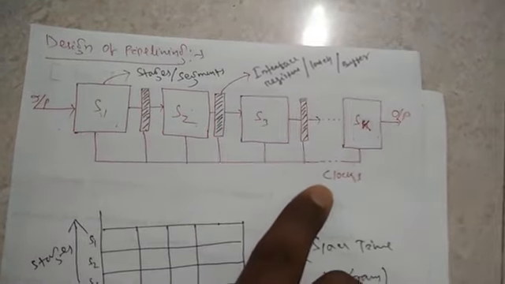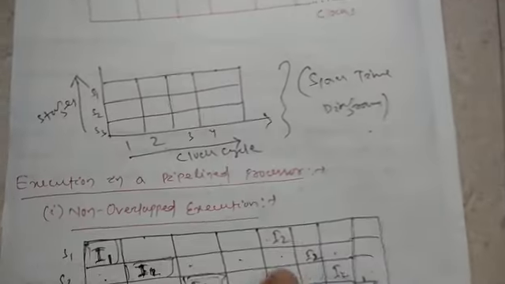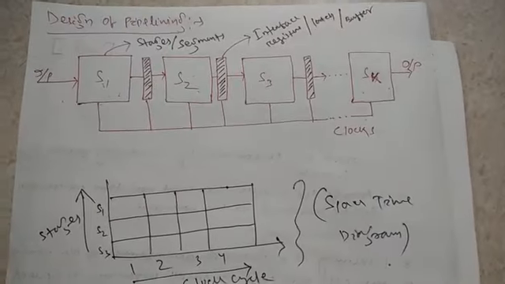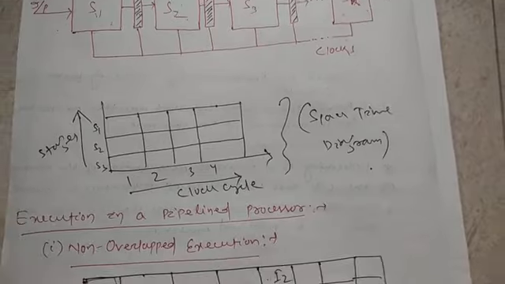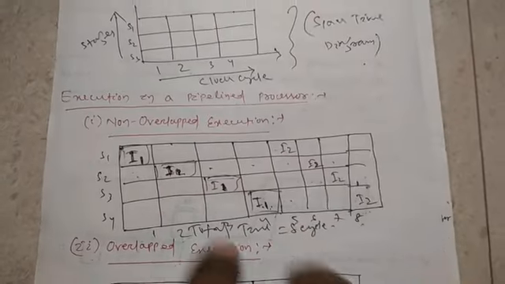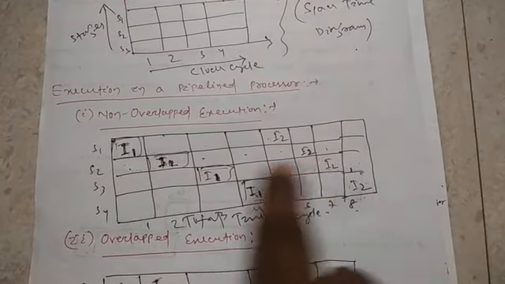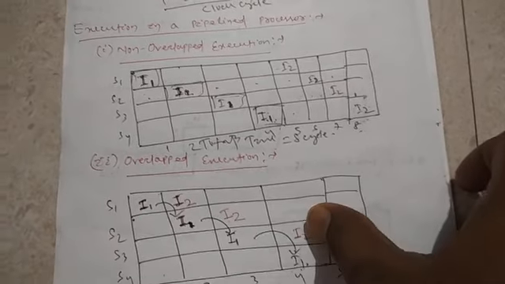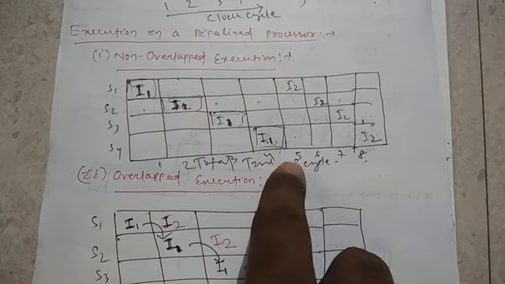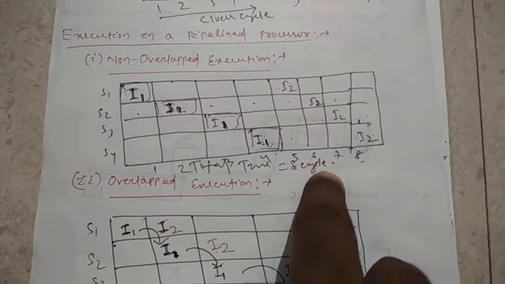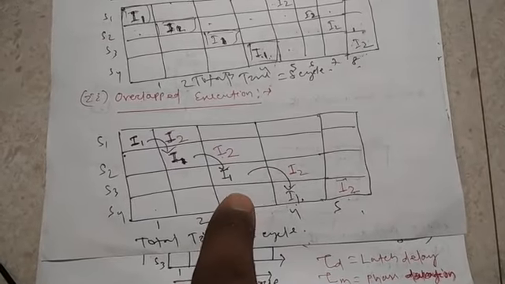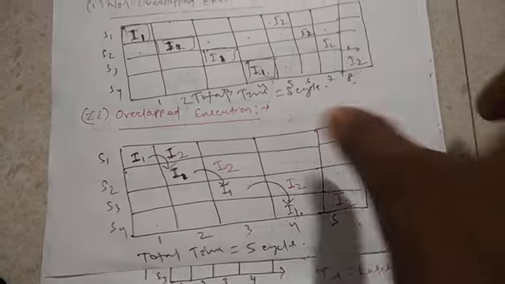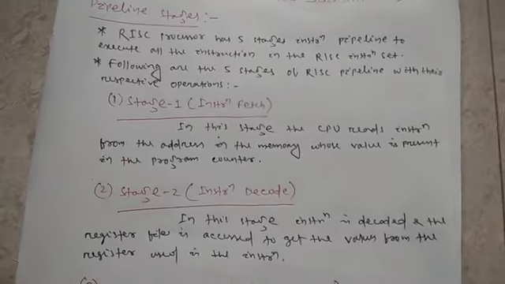So these are the design of a pipelining, and we can also represent the pipelining with the help of space time diagrams. Also execution in a pipeline process: non-overlapped executions require 8 cycles, but overlapped execution requires 5 cycles.